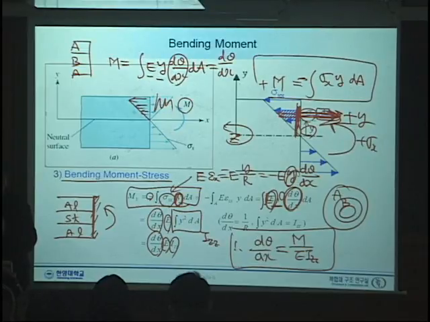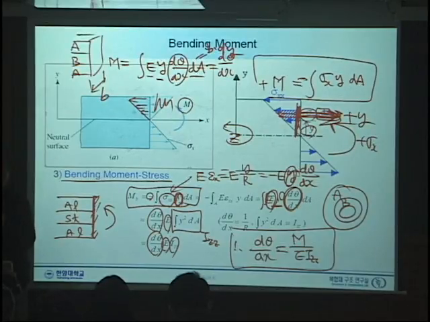And E and Y is a function of simply A. If this is a rectangle, dA is simply B times dy. What is B? B is the width of the beam.